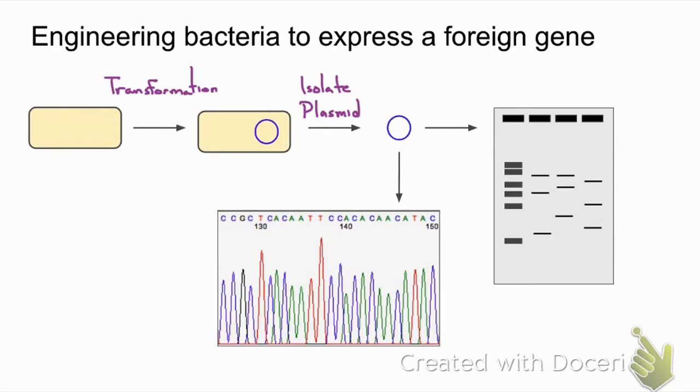And we can take that plasmid then, and we can do a couple of things with it to confirm that it does have the gene we want in this cloning plasmid. So first, we would probably end up doing a restriction enzyme digest, and then taking the fragments of that plasmid that have been generated from the digestion and running them out on a DNA gel electrophoresis.